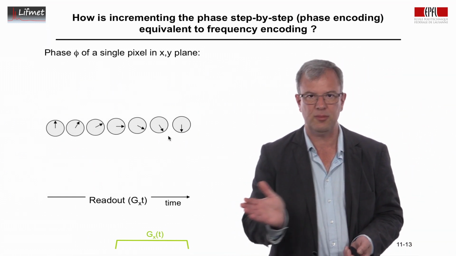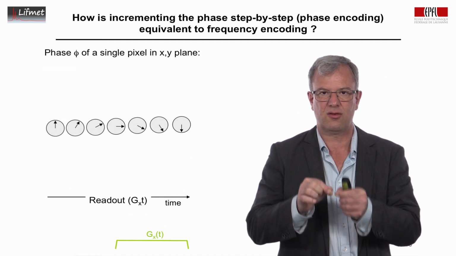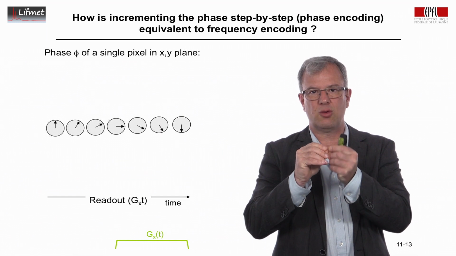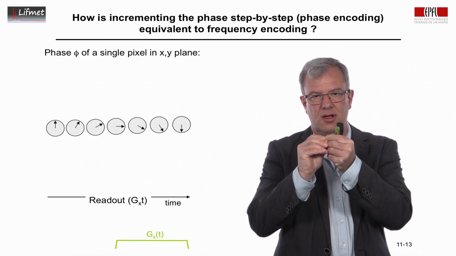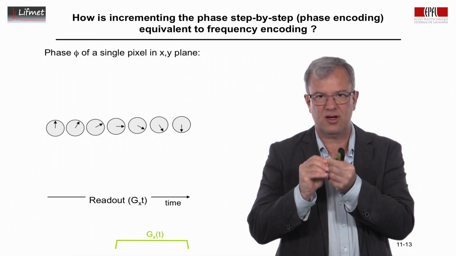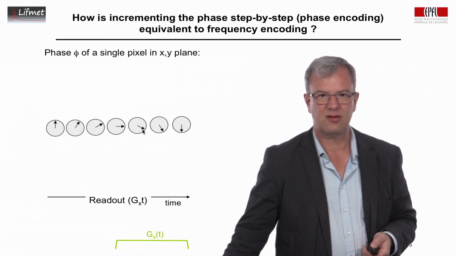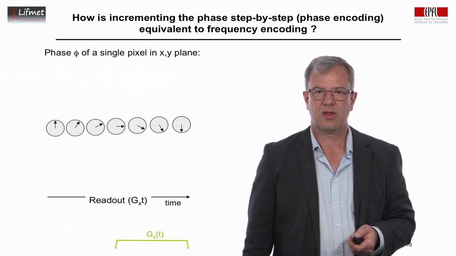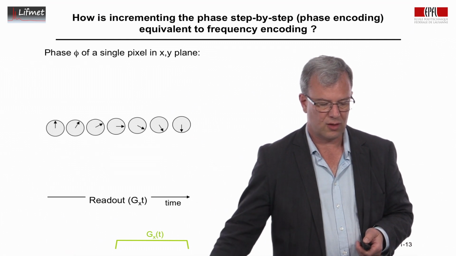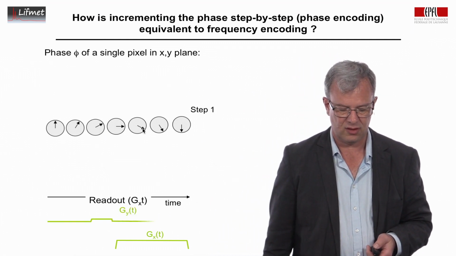This is simple precession, the phase increments for this particular voxel. Remember, we're just looking at one single voxel, one single pixel in space. We're just considering that case. And so now we have the evolution of the phase with time. That's basically a representation of precession. So we are digitizing here 7 time points.